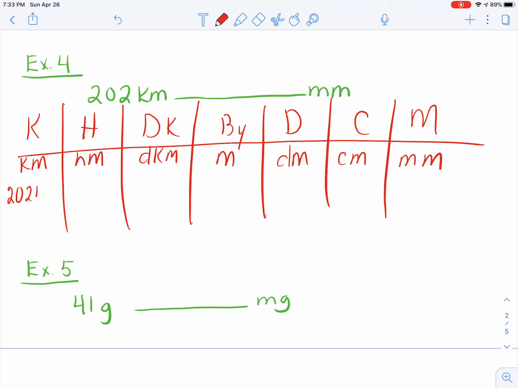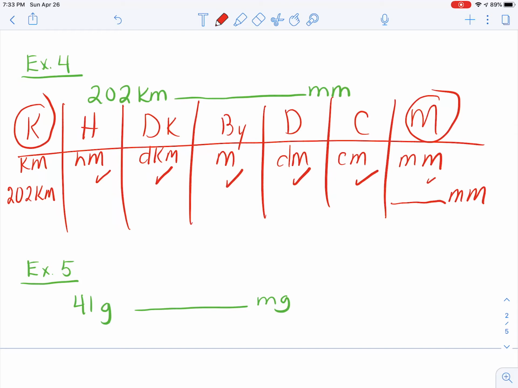So I have 202 kilometers, and I'm going all the way here to millimeters. It's 2 letters, so I know it's not meters, it's millimeters. I'm going from the biggest, kilo, to the smallest, milli. How many places am I going to move my decimal? 1, 2, 3, 4, 5, 6. 6 places to the right.